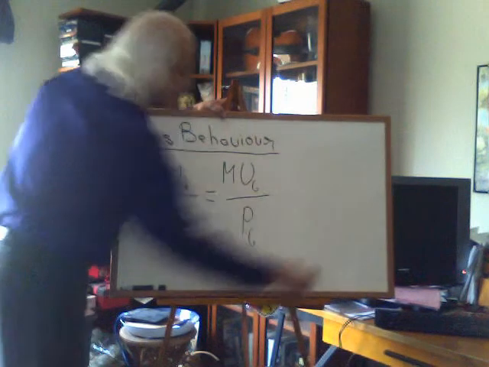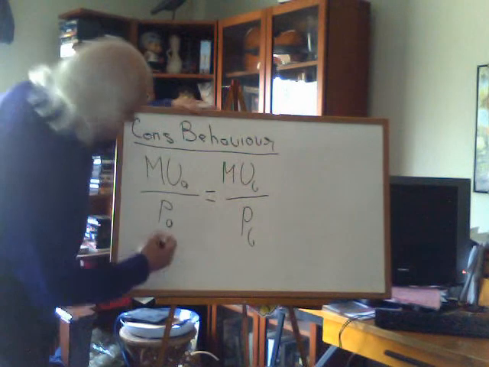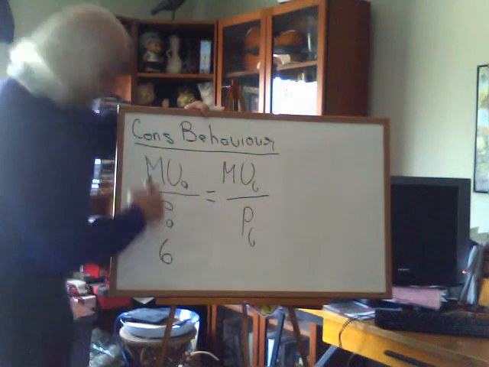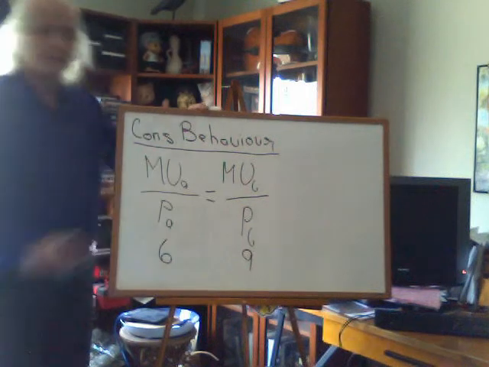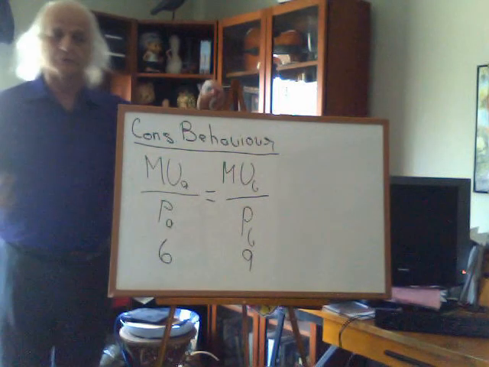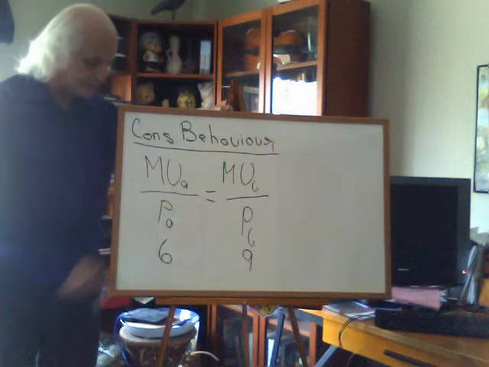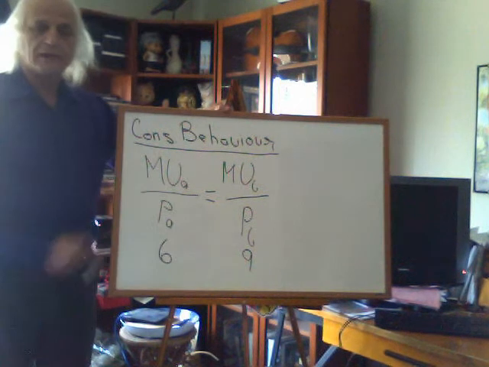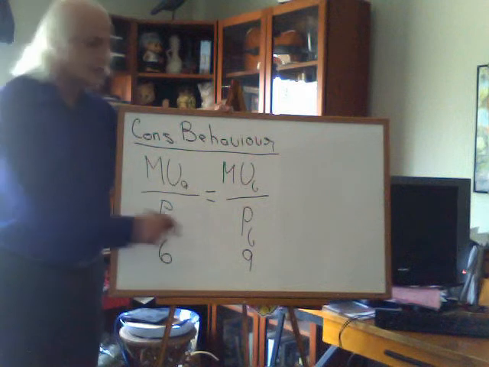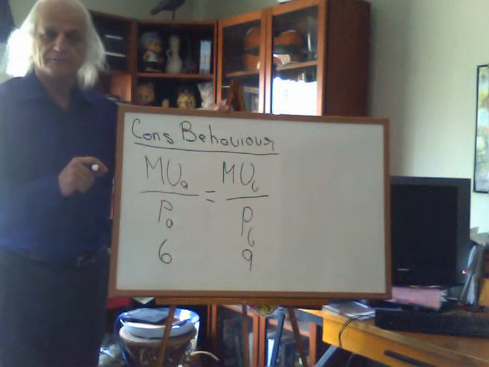Let's assume, for the sake of argument, that the marginal utility here is 6 per dollar, and over here it's 9. You have that income of yours, and you've spent it. If this is where you stand right now, have you done the most that you can to maximize your utility? Have you been a rational person?